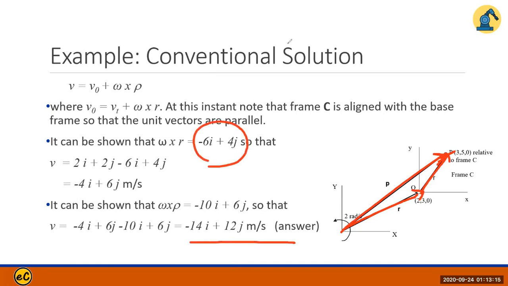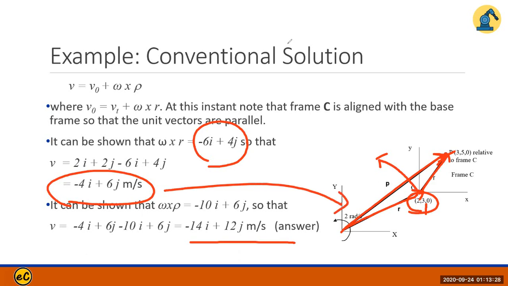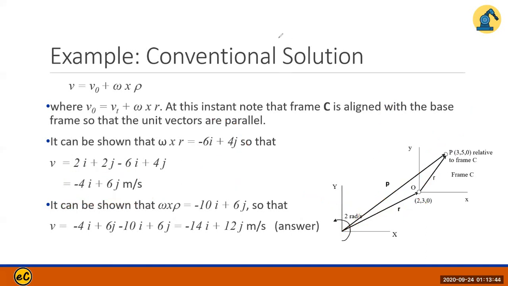One is this, -6 and -4. That is the rotational velocity for the frame. It's over here. And your total speed over here is based on the calculation. So you can go into the detailed calculation to get this if you use a conventional vector approach.